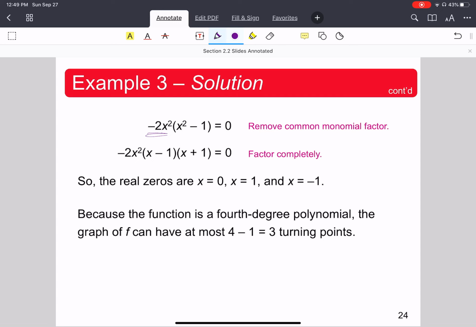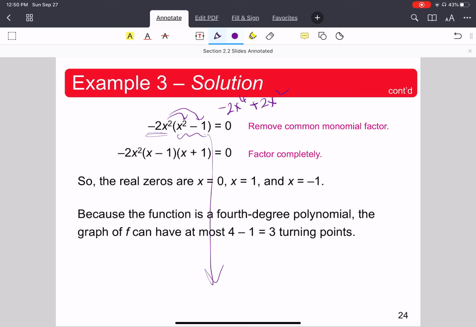So negative 2x squared times x squared minus 1, because when you distribute this, you will get negative 2x to the fourth, plus 2x squared. So you'll get the function back. This is very useful because we will be able to factor further. So x squared minus 1 can be factored as x minus 1 times x plus 1.